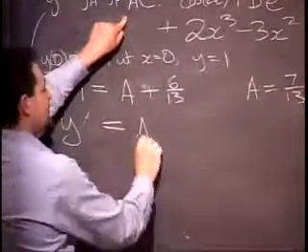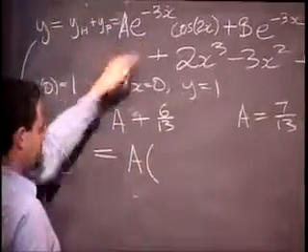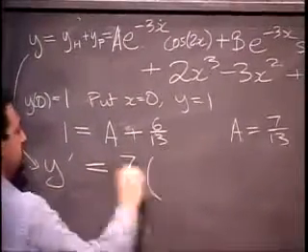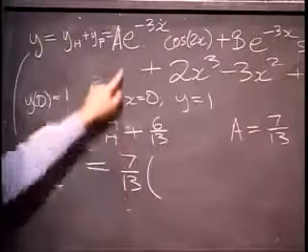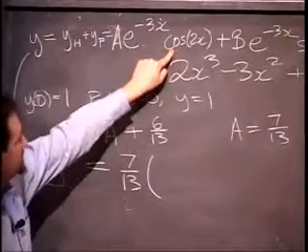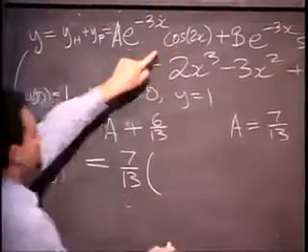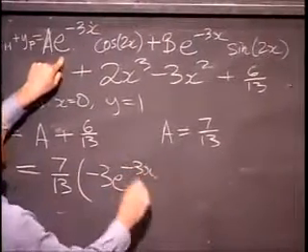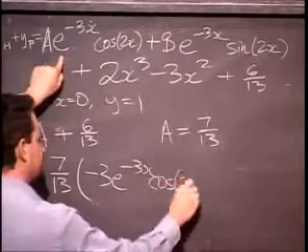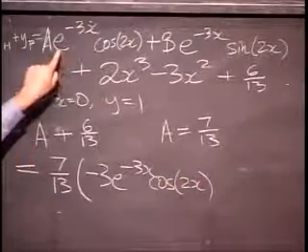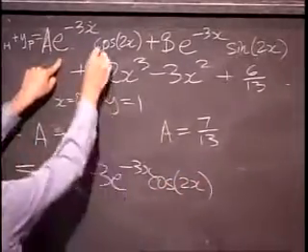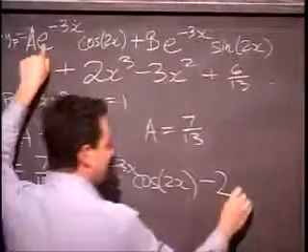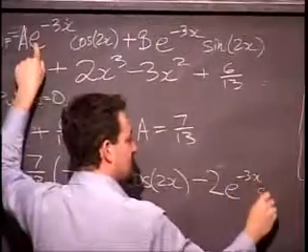You get a outside of, actually a is 7/13, so we may as well replace it, outside of e to the minus 3x times the derivative of this. Actually, I'll do cosine, so it's minus 3e to the minus 3x times the cosine, plus, although it will be another minus, 2 from the cosine, e to the minus 3x sine 2x.